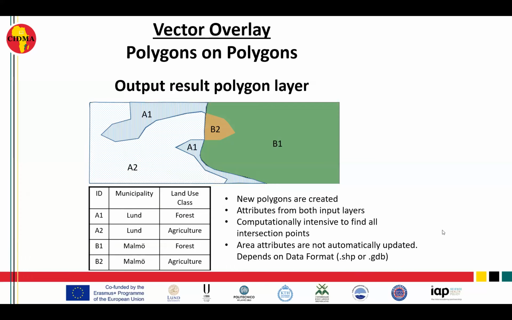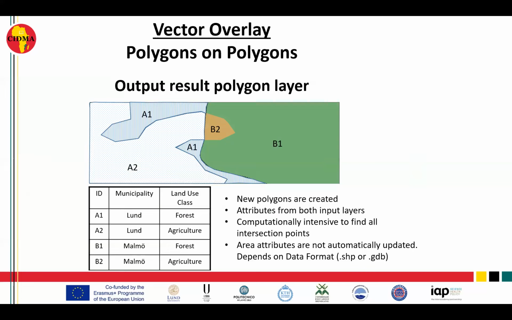So always be critical when you see the result. Has the area been updated or not? So it's always good to know what you can expect from an output layer.